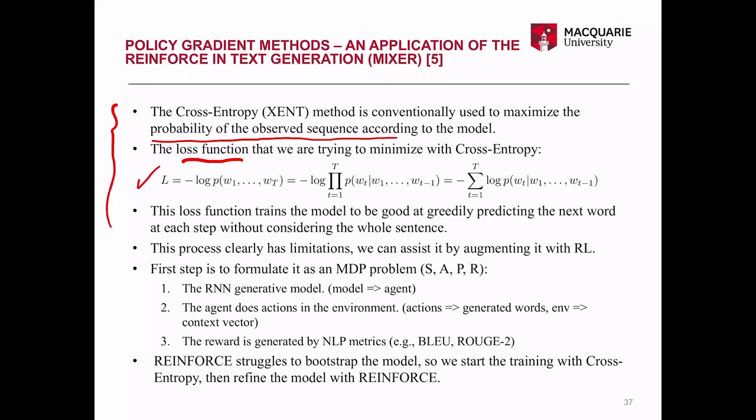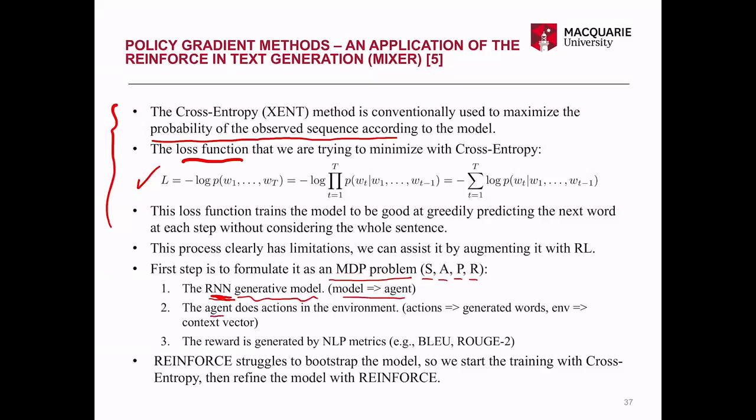Now, to do that, you remember that we need to turn the problem into a Markov decision problem, which means that we need to identify the state, action, the environment and its dynamic, and a reward function. In this case, this is how we approach it. The recurrent neural network itself, which is a generative model, is going to be our agent.